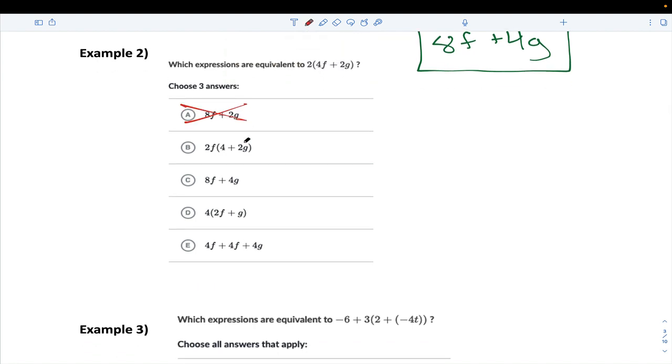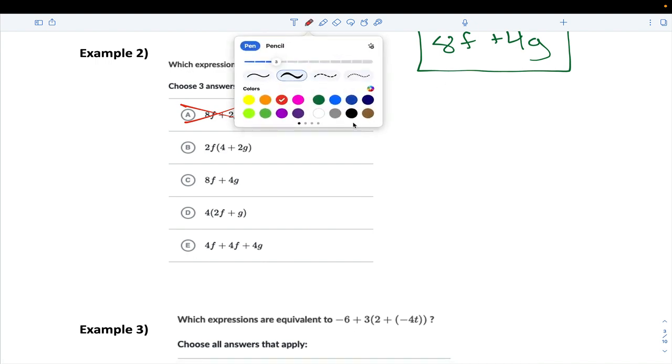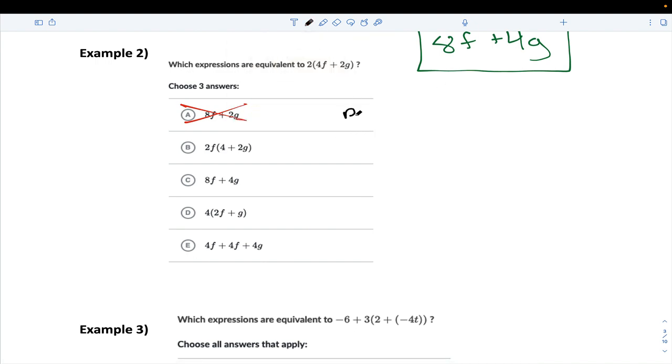What about 2f plus 4 times 2g? We have to simplify that, so let's write it out. What do I do to simplify this one, Meta? Good. What's 2f times 4, Meta? 8f. Good.